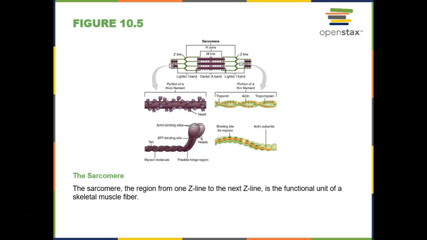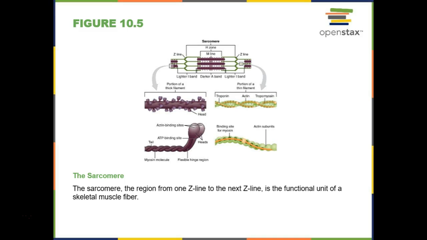Then we have other proteins. We have these tiny little blob-like shaped proteins, and then we have the string-like protein that you see here. The string-like protein is called tropomyosin, and the blob-like protein is called troponin. Troponin and tropomyosin sit on top of the actin, and those are regulatory proteins.